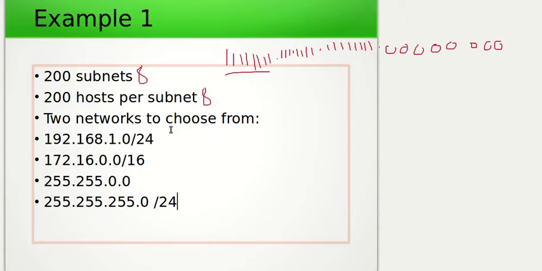Now that we've calculated our subnet mask, we need to calculate our subnets. So we've got our subnet mask, but what are the subnets that we're going to have with this subnet mask? Instead of trying to convert this whole mask to binary again, all we do is focus in on the subnet octet.